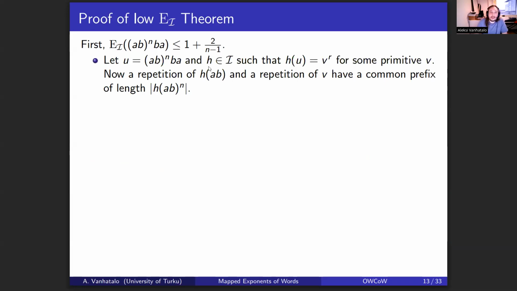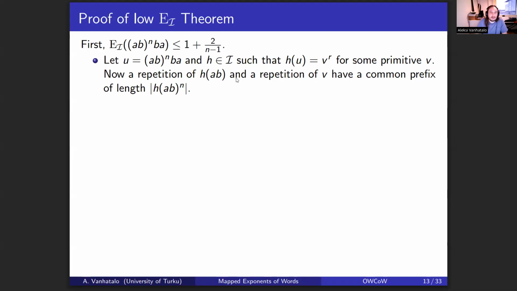So let me take an arbitrary injective morphism such that our word maps to some repetition of some primitive V. We can always choose the base word to be primitive if we consider the largest R that we can have here.